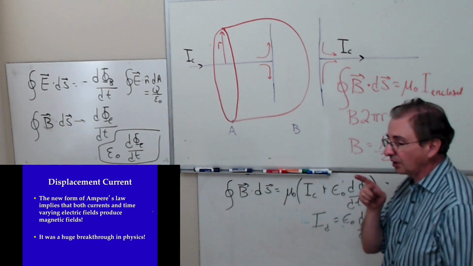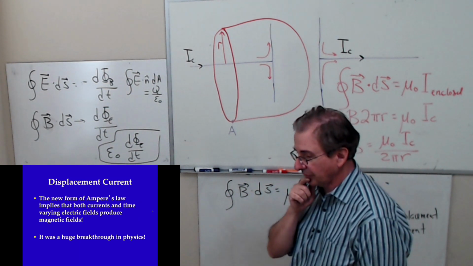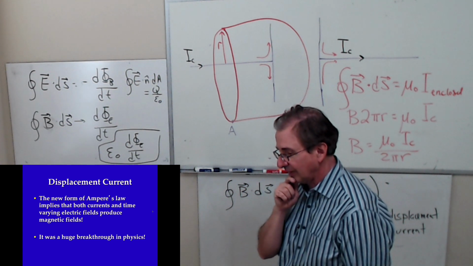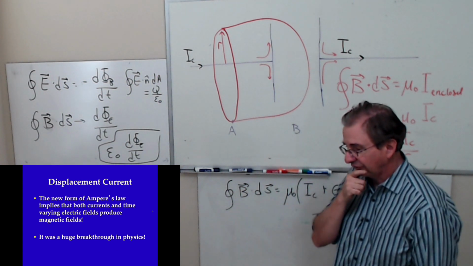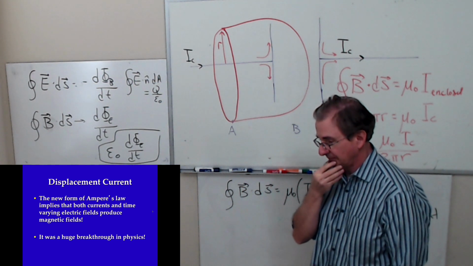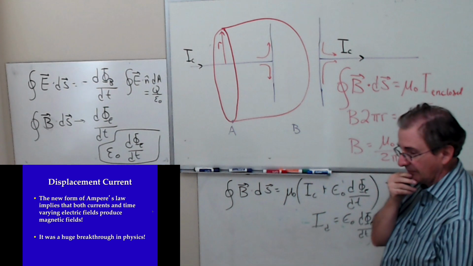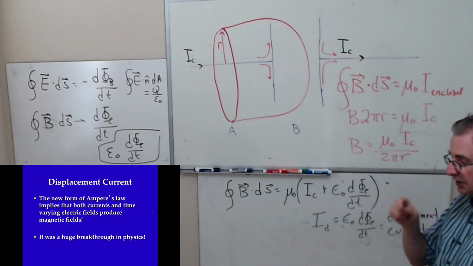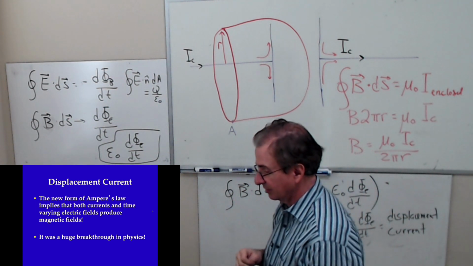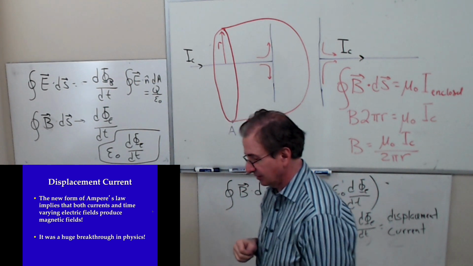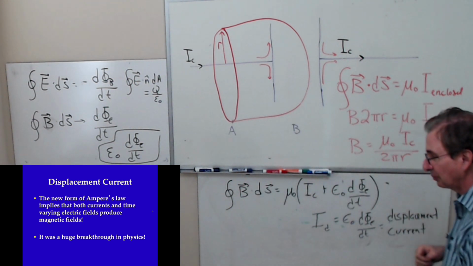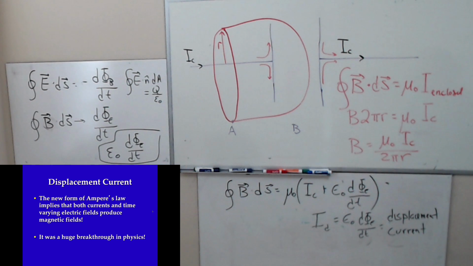This new form of Ampere's law implies that both current and time-varying electric fields produce magnetic fields. This was a big deal. This is where Maxwell was able to put all his equations together, and from that, he actually derived some interesting stuff.